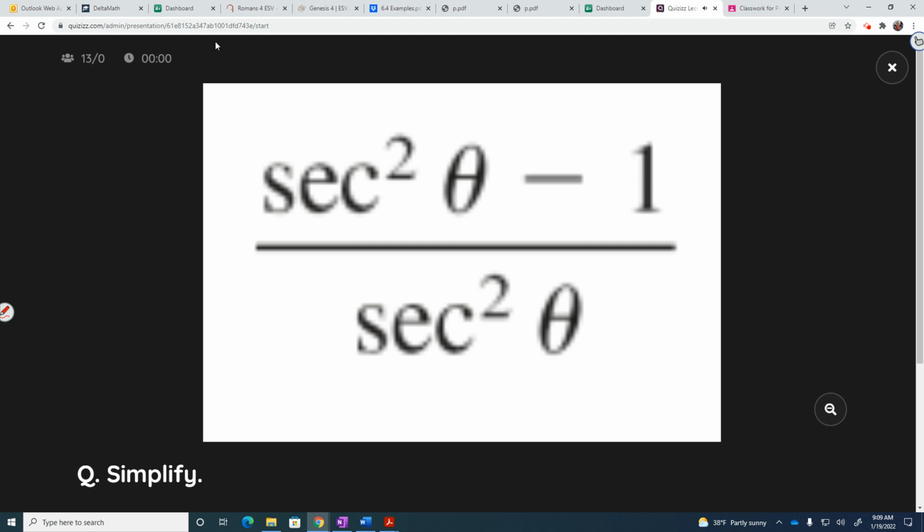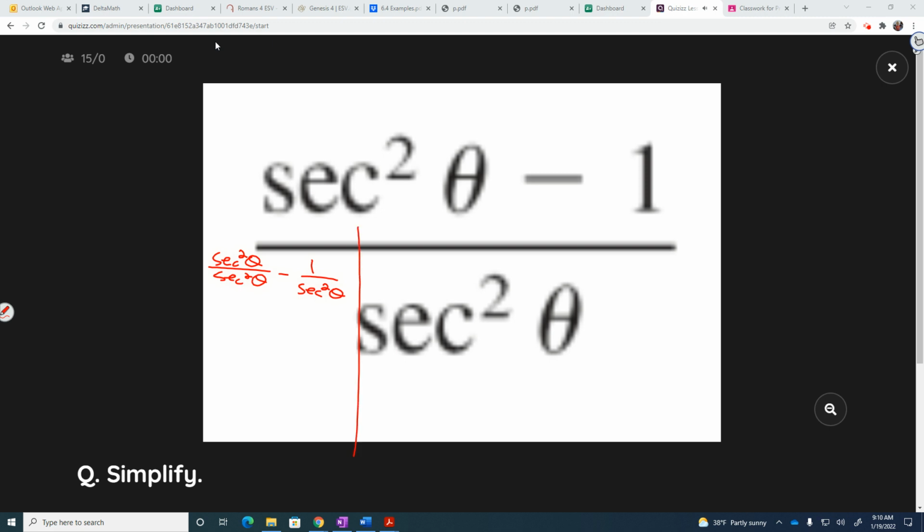So there's 2 ways. So one way would be to split this up into secant squared over secant squared minus 1 over secant squared. You can do that. You can just take this one over the denominator and this one over the denominator.